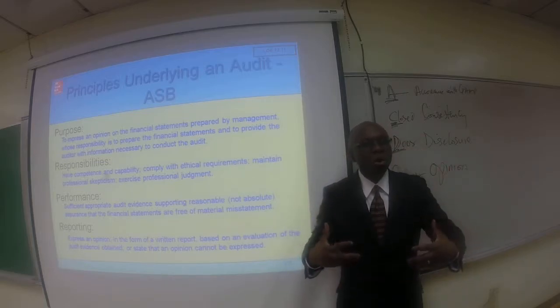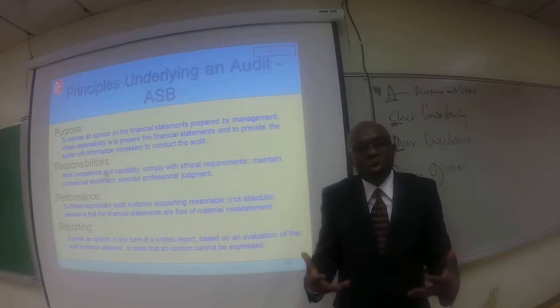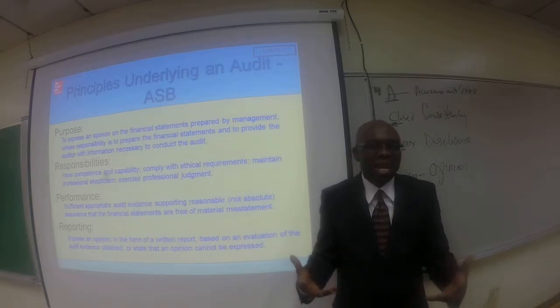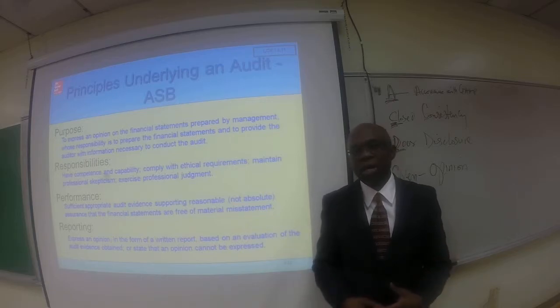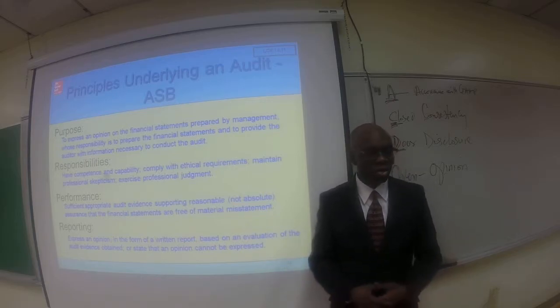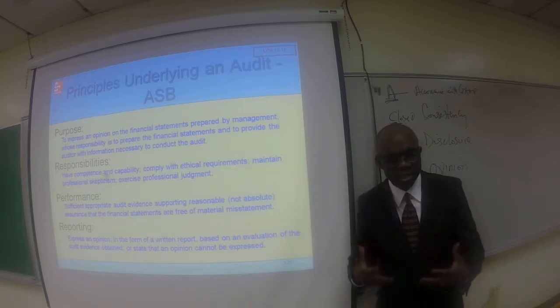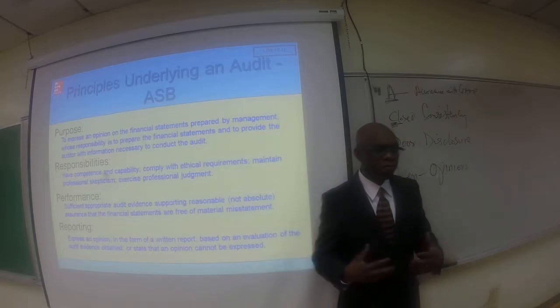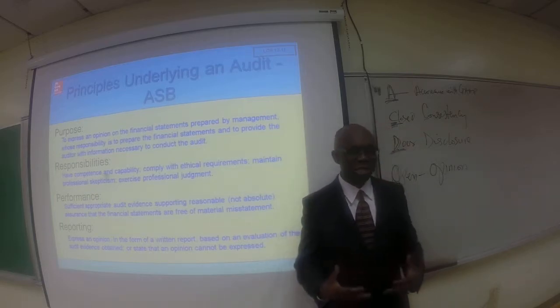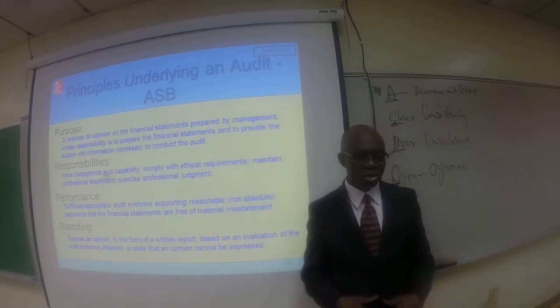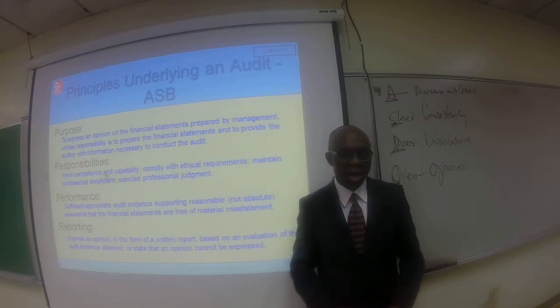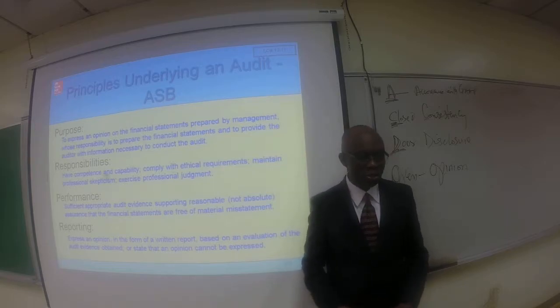In other words, we have to be skeptical of almost anything and everything. We cannot let our guard down. And of course, we are also required to exercise professional judgment while we are conducting our audit. Some of these issues are going to come up eventually in subsequent chapters.